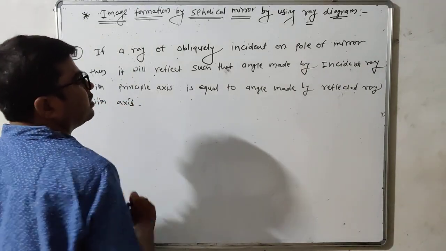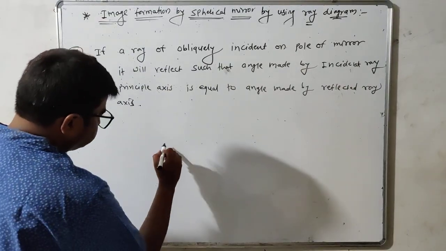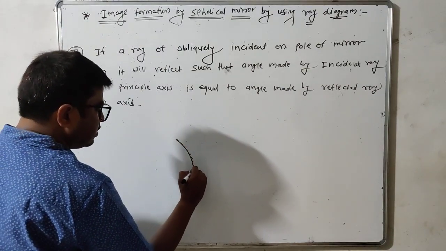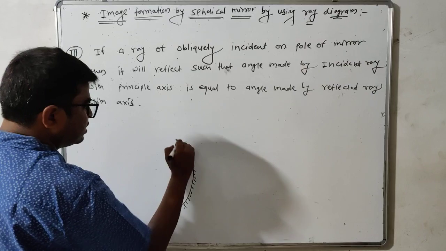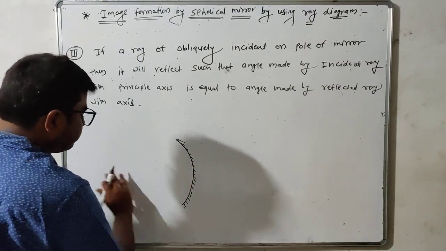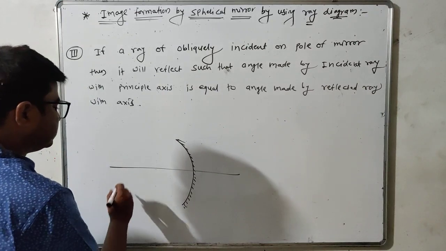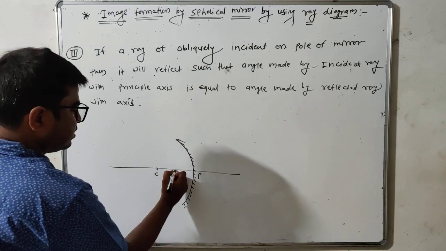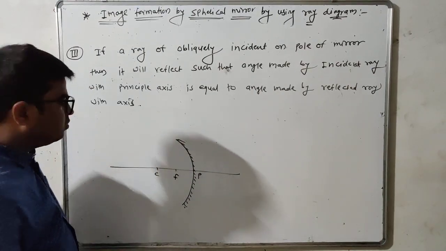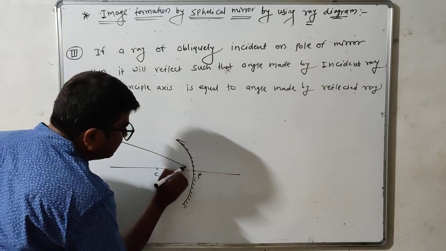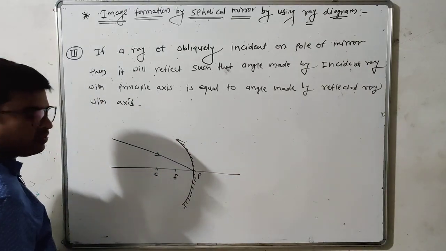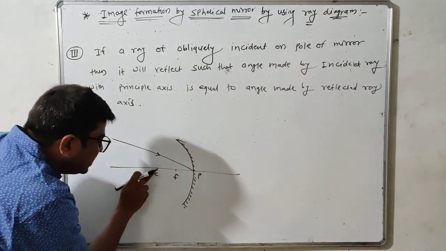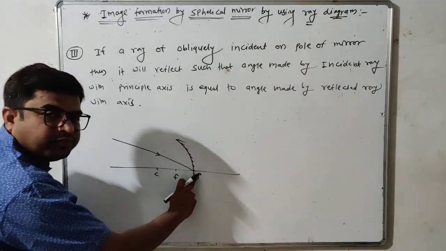Now let us understand this also. Consider a concave spherical mirror like this, whose outer side is silver polished so that its inner side is reflecting. This is the principal axis, this point is the pole, this is the center of curvature and this is its focus. If a ray of light is obliquely incident directly on the pole, we know the principal axis is a straight line passing through the center of curvature and pole.